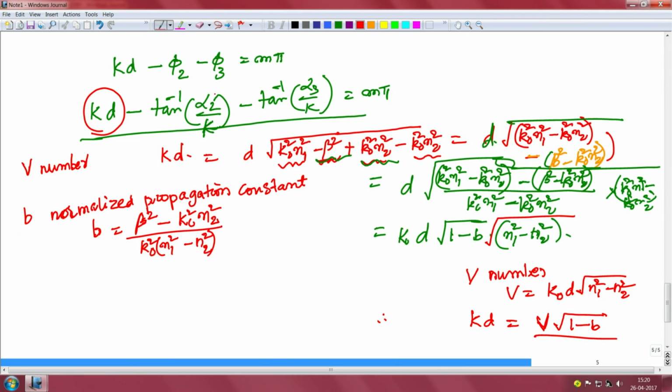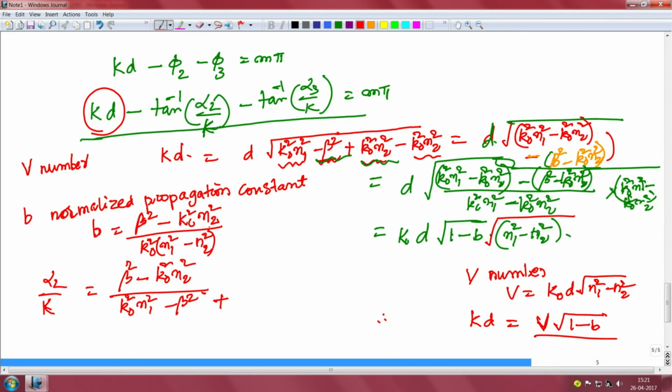Let us look at tan inverse alpha 2 by k. Alpha 2 by k can be written as follows in terms of V number and b. So, we have got the V number definition to be like this. Alpha 2 by k can be expressed as beta square minus k0 square n2 square, according to the definition of this, divided by k, whose definition is k0 square n1 square minus beta square. So, I will add and subtract.